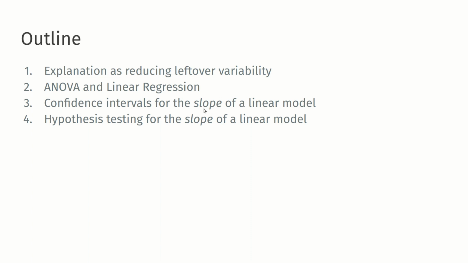So, as we remember, and we'll see again, the slope is the rate of change in the response variable as the explanatory variable changes, as well as hypothesis testing, because we're usually interested in questions like, is that slope different from zero? In other words, is there in fact a meaningful relationship, or do we have evidence to believe that there's a meaningful relationship between the explanatory and response variables? So that's on deck for today.